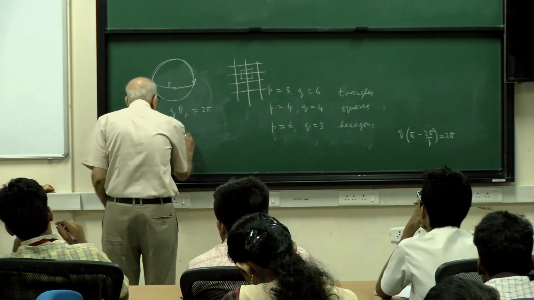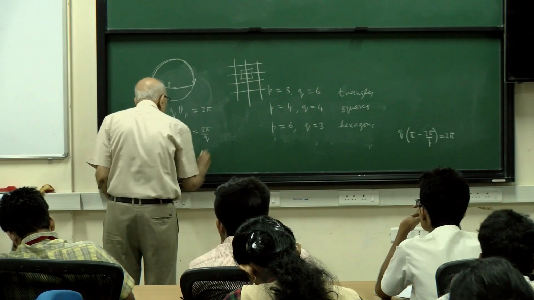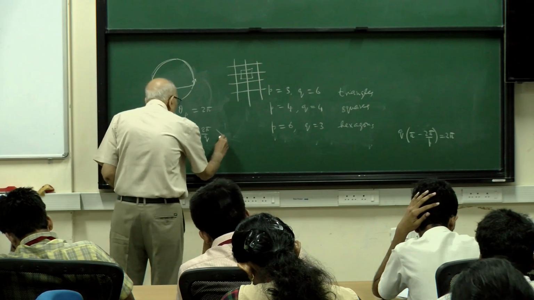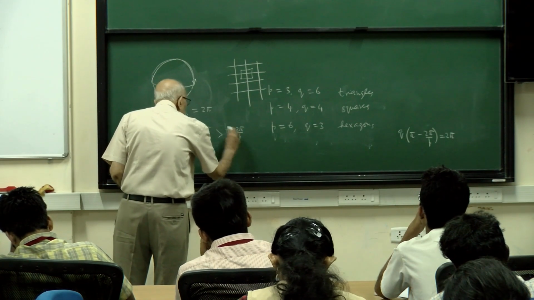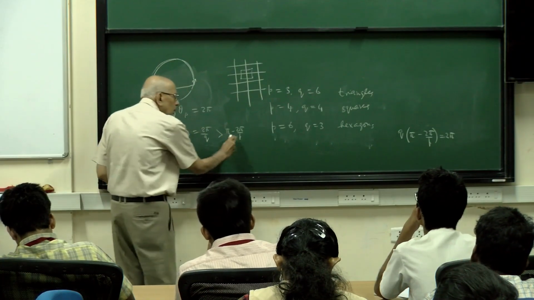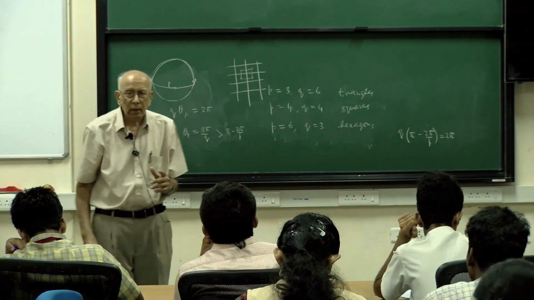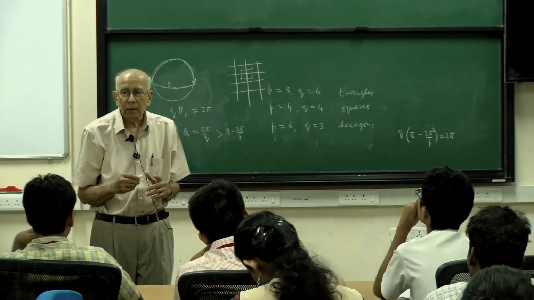So it says theta p equal to 2 pi over q. But theta p must be bigger than pi minus 2 pi over p, because this is the Euclidean value. The internal angle on a surface of positive constant curvature must be greater than what it is in Euclidean space.